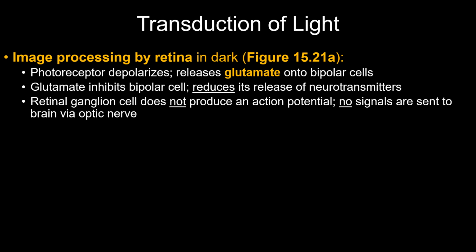Now, glutamate works in bipolar cells to produce an inhibitory postsynaptic potential. You remember we talked about this, IPSPs. Some bipolar cells depolarize in response to glutamate, but they are not going to be discussed here.